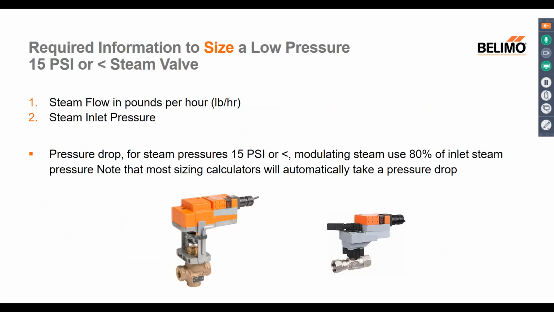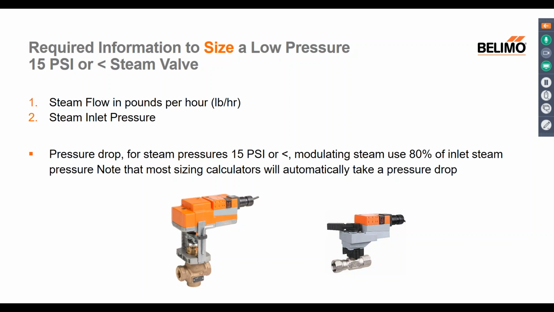So the required information to size a low pressure steam valve, 15 psi or less, is very minimal. The steam in pounds per hour, of course, that could be in MBH and you can convert it, and the steam inlet pressure. The steam inlet pressure being the inlet pressure that the coil, the heat exchanger, was designed for, which will be on the specification.